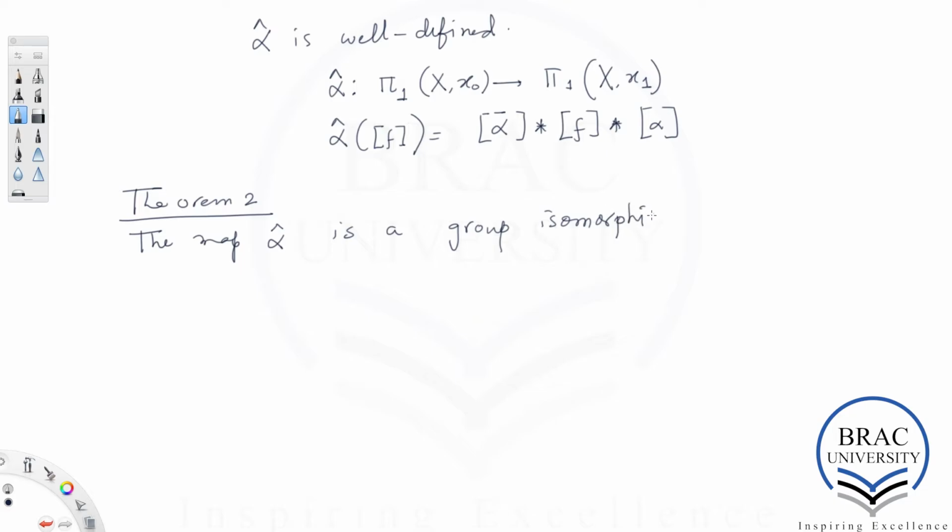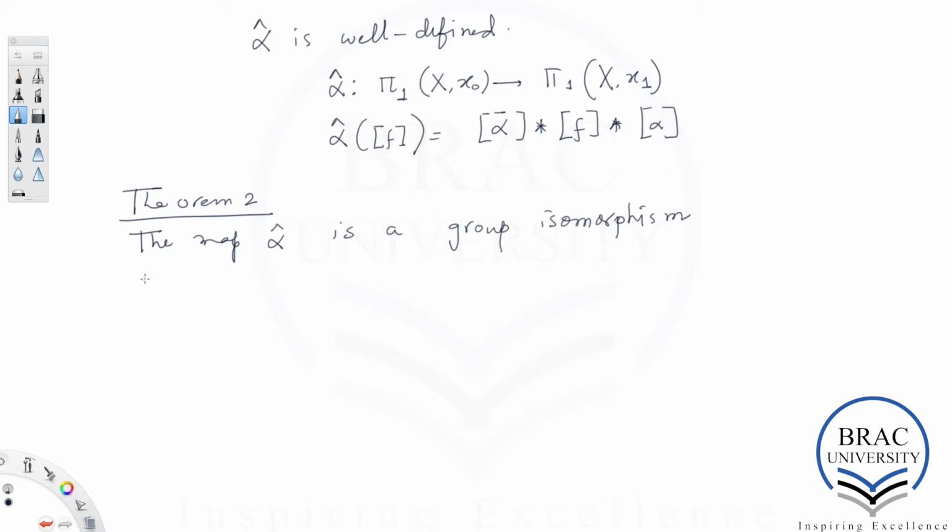For the group isomorphism we need to first prove that it's a group homomorphism, and then we prove that it's a bijective map. That way we prove that the corresponding map is a group isomorphism. So let's first try to prove that it's a group homomorphism, which means that the group structure is preserved under this map.